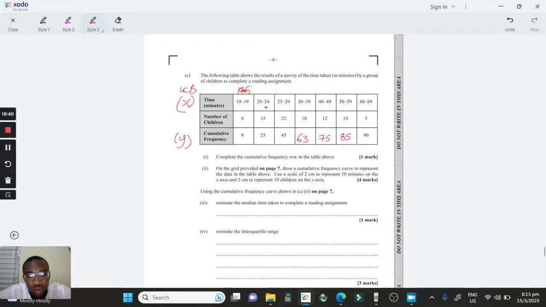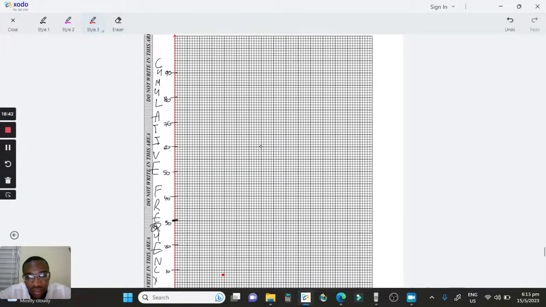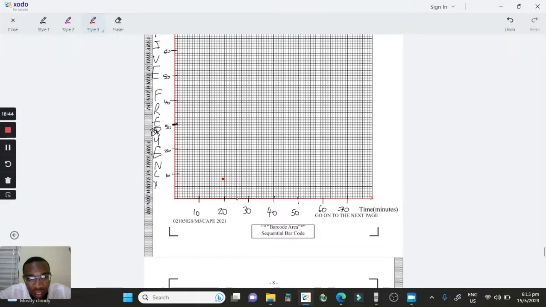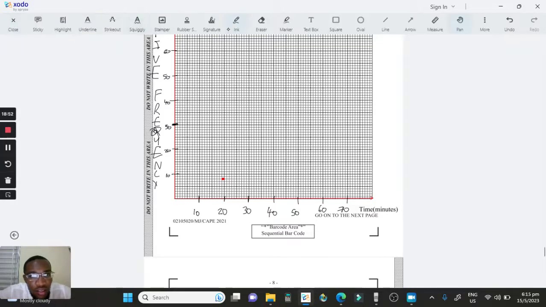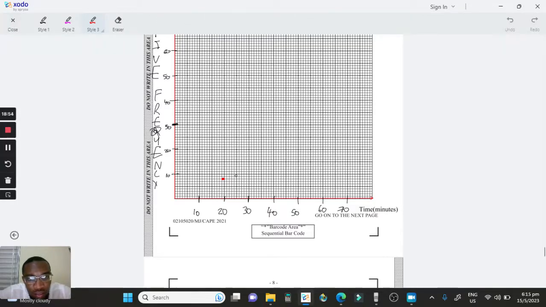So going 24.5, that's 23. So 24.5 is here to 23. 21, 22, 23, and this is 24. 23.5 is in the middle.